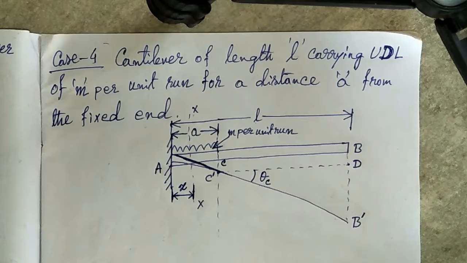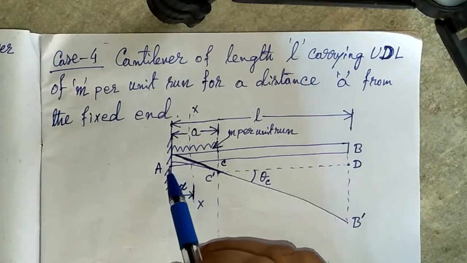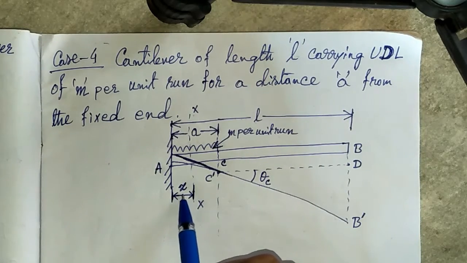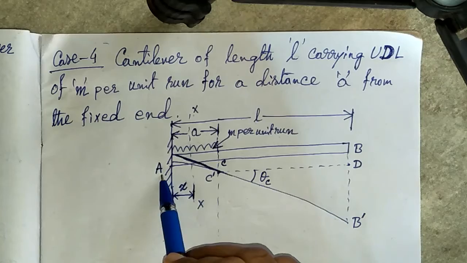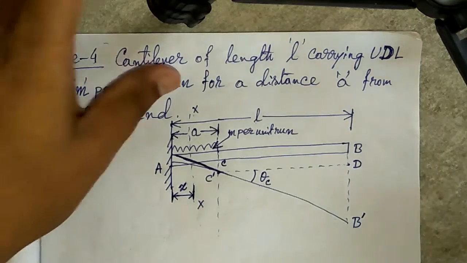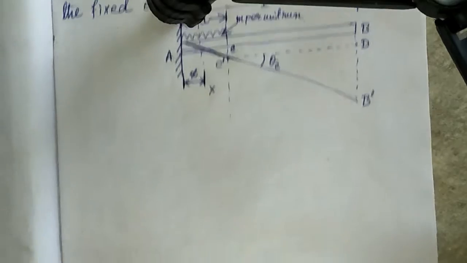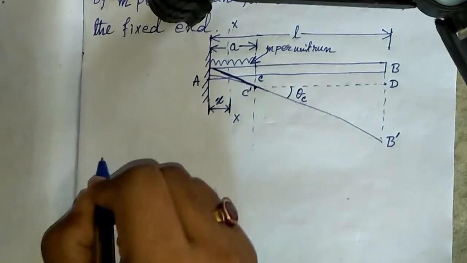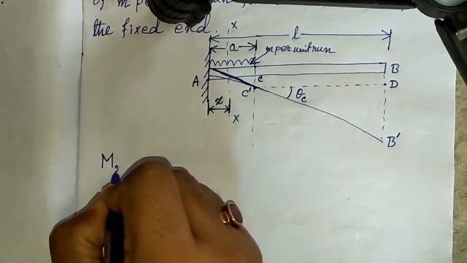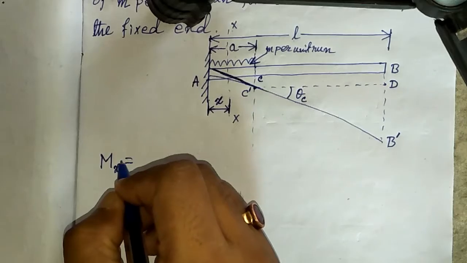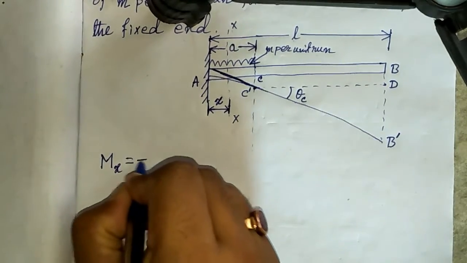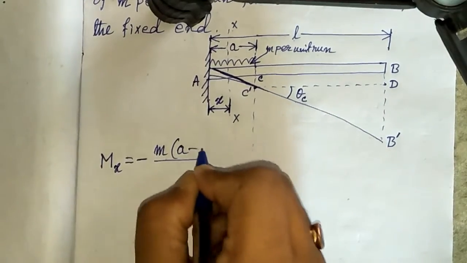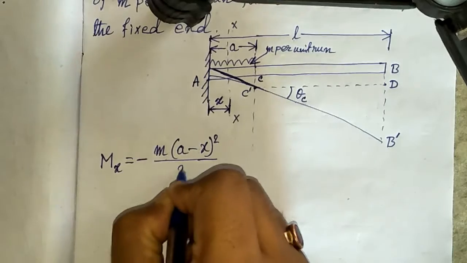So now we are going to take a section between A and C, that is section x at a distance small x from the fixed point A. The moment at this section is M_x equals minus M into (a minus x) whole square by 2.